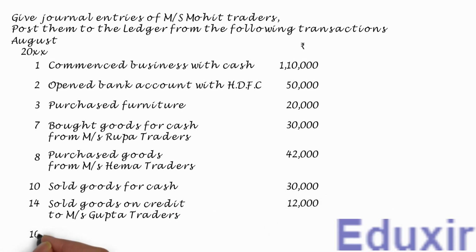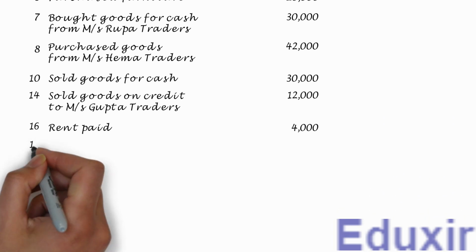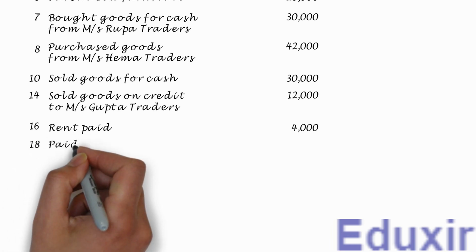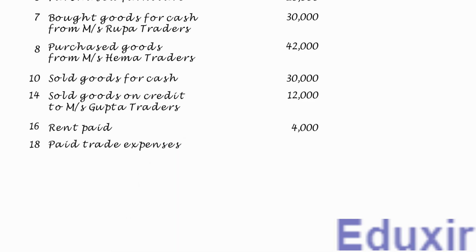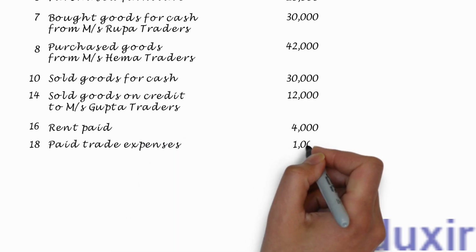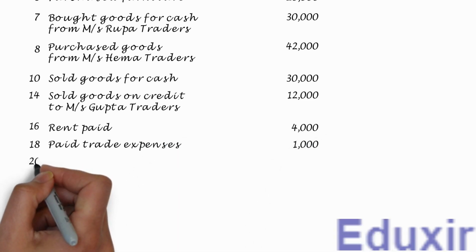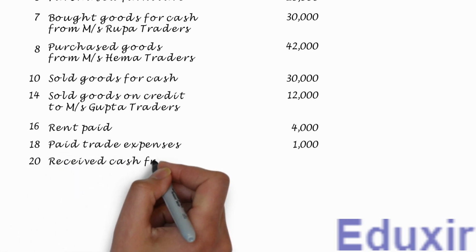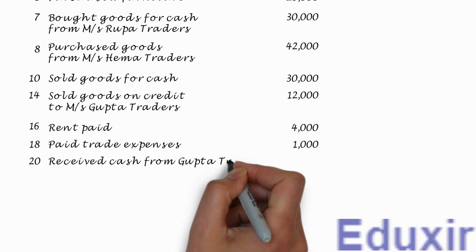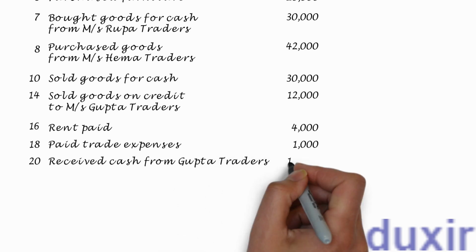On 16th August, rent paid 4,000 rupees. On 18th August, paid trade expenses 1,000 rupees. On 20th August, received cash from Gupta Traders 12,000 rupees.